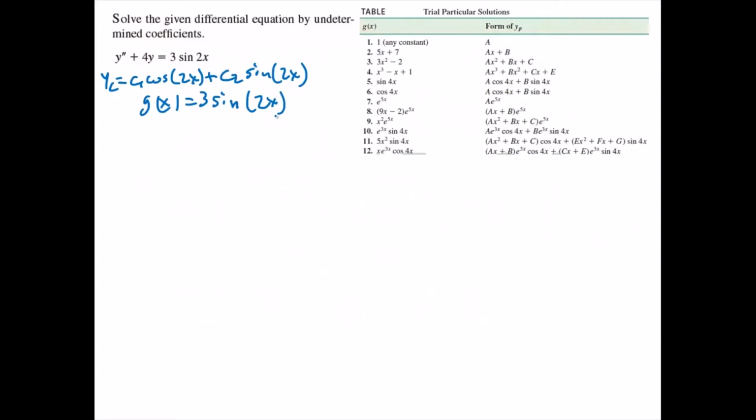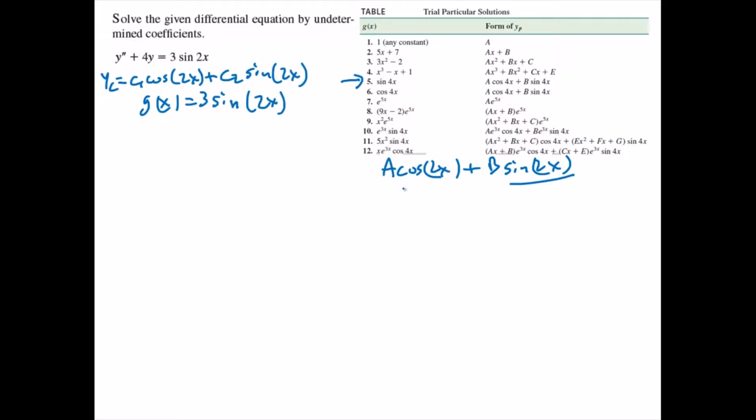So here we have the following table. So from the looks of the form of g of x, it seems that we should use something similar to number 5, where we'll want to use something of the form a times the cosine of 2x plus b times the sine of 2x. But we should note that this sine of 2x and the cosine of 2x match what we have here in the complementary solution.